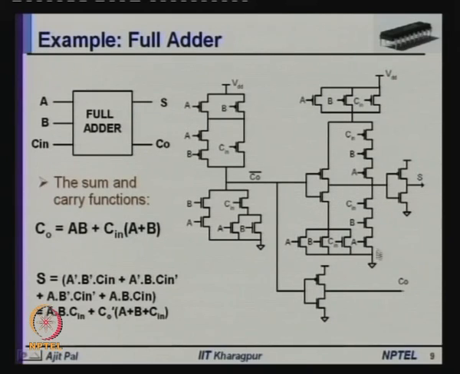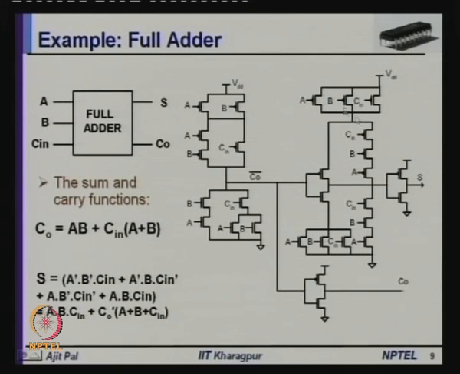So, the corresponding NMOS network is shown here, A, B, C in parallel, that is in series with C0 bar, and A, B, C in series, that is in parallel to this. So, parallel to this, and the corresponding dual is the PMOS network. Of course, here it realizes the complement of sum. So, you will require an inverter to realize sum S.